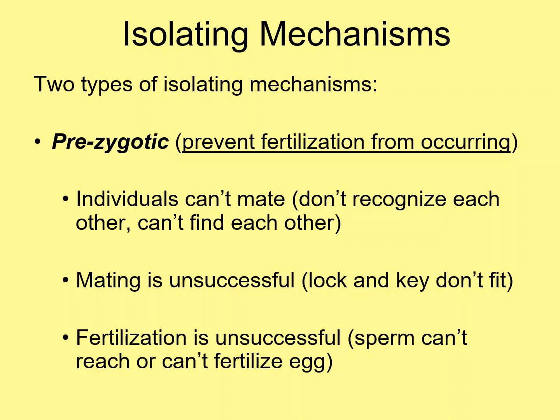It also could involve situations where the sperm just can't navigate the reproductive tract, or there's some other mechanism that's preventing fertilization from happening. So with a prezygotic isolating mechanism, a zygote doesn't even form. You don't have a hybrid because you prevented mating in the first place.